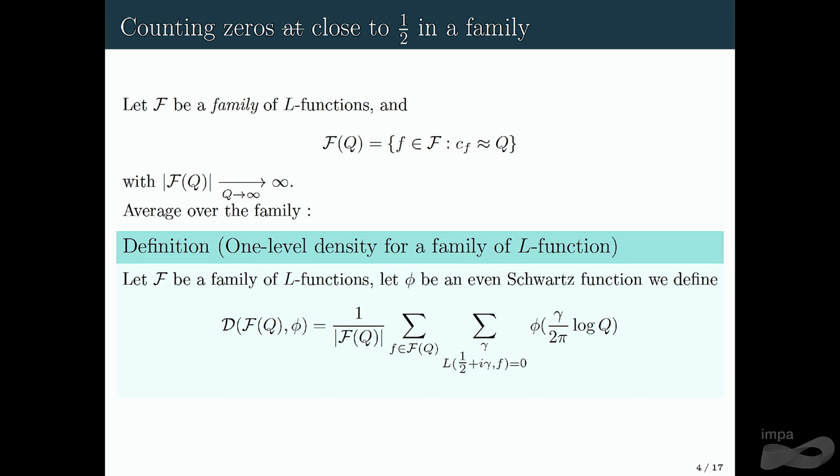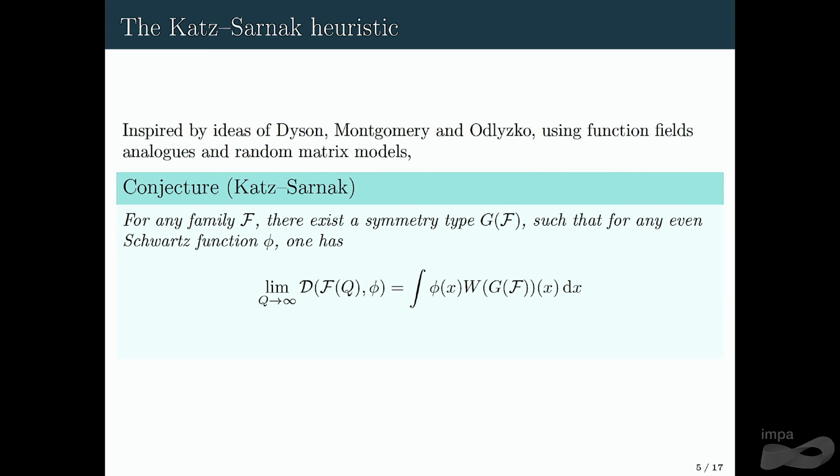Okay, so that's my object of study, and that's the way we study low-lying zeros. And the story is when you look at those quantities as q goes to infinity, it appears that there are only 5 possibilities of what this limit tends to. And that was conjectured by Katz and Sarnak, following computations and ideas from Dyson, Montgomery, Odlyzko, and others who were interested in that.